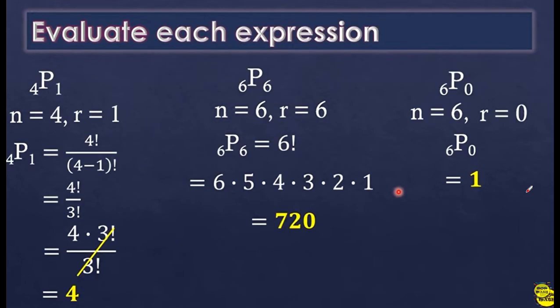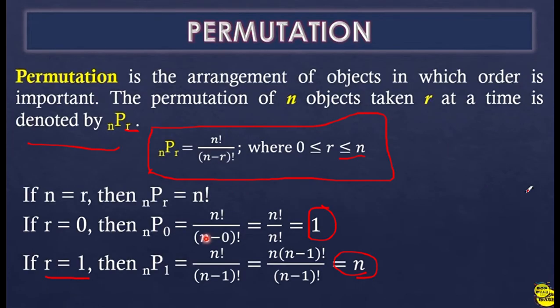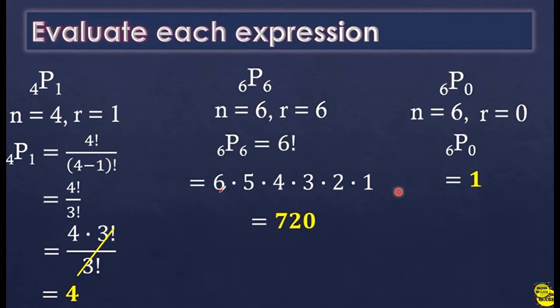Okay, next, we also have here 3 examples. Kato akong gi-ingon kagahapon, if n is just equal to r, unsa may mahitabo. So that is just n factorial. I-try na nato diri sa ating example. So we have if n is equal to 4, then r natin is equal to 4. So unsa man ang mahitabo. So we have 4 factorial.